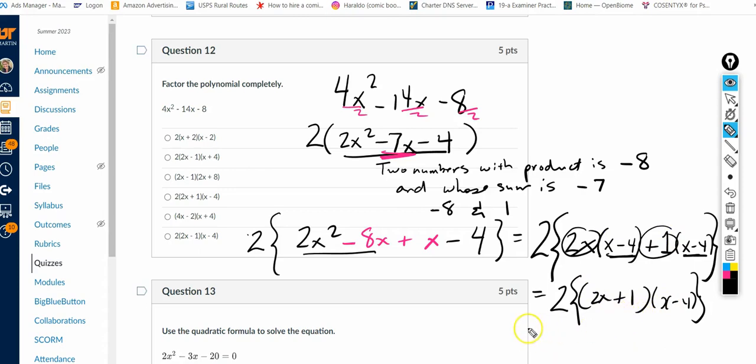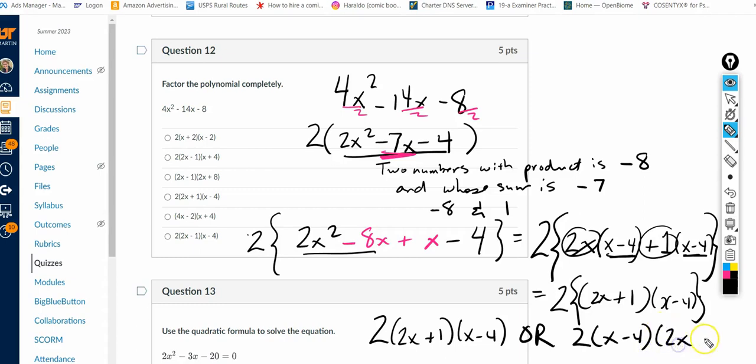So I could have, if I write it in this order, or I can have it written in that order. The order doesn't matter.